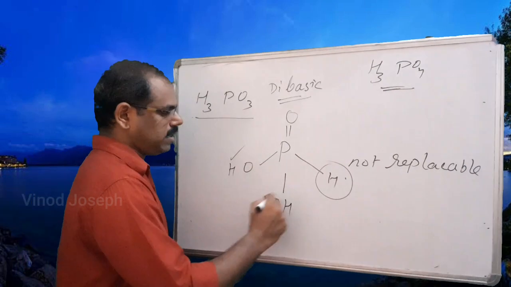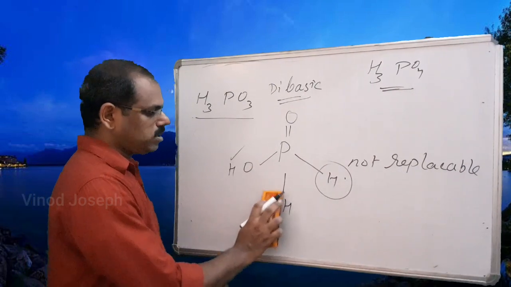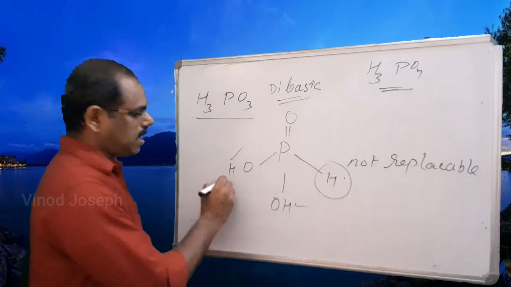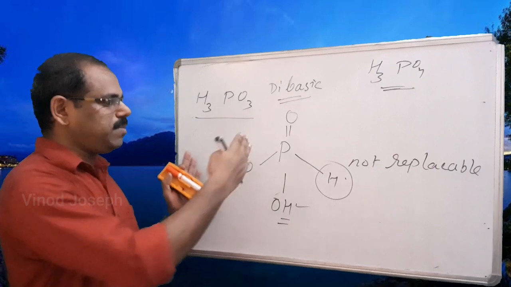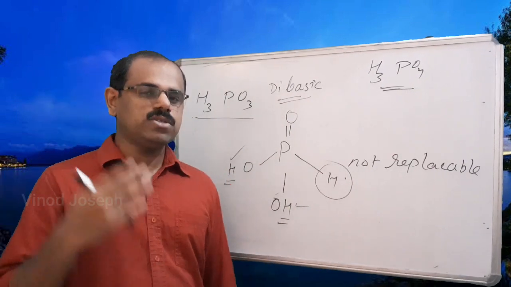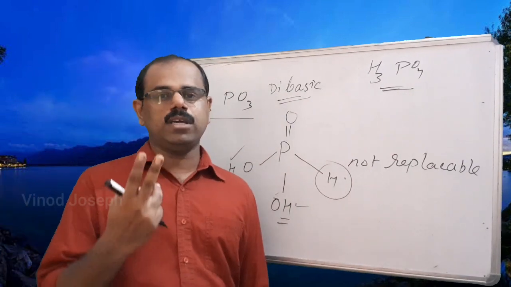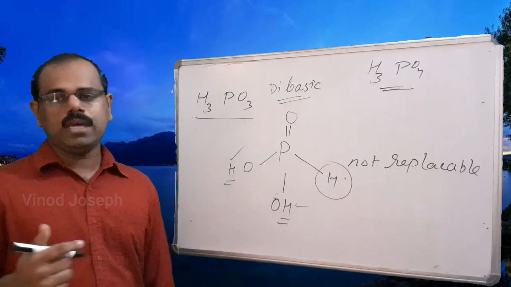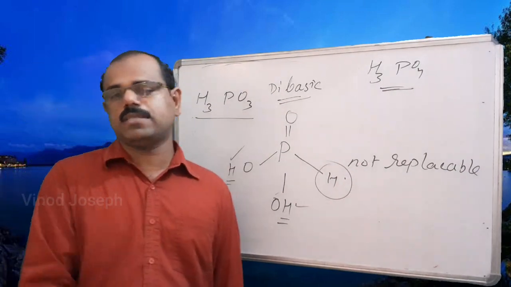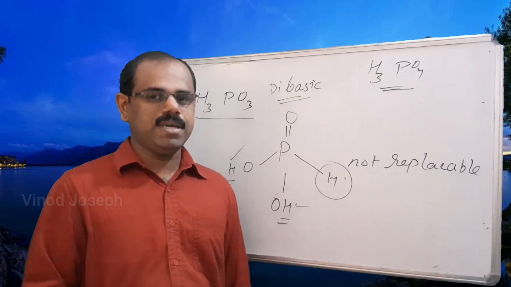Here 1 and here 2, the second hydrogen. 2 hydrogens can be replaced from this acid molecule. So it produces 2 hydronium ions with water. Since 2 hydronium ions are produced, we say phosphorus acid is a dibasic acid.